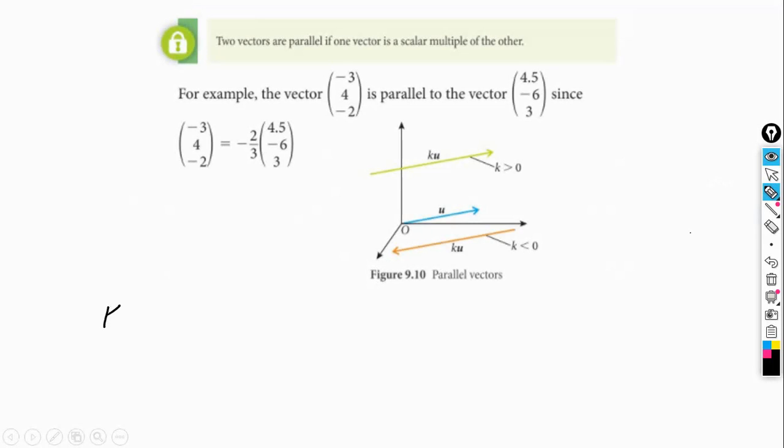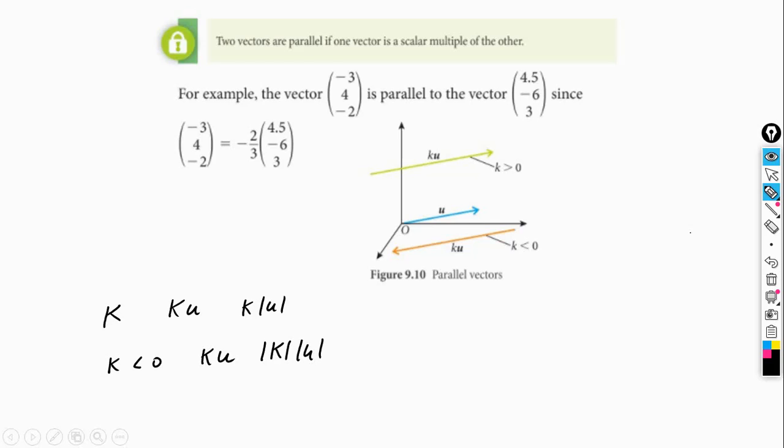If k is a real positive number, then k times u is a vector of magnitude k times the modulus of u, and in the same direction as u. It follows that when k is negative, k times u has a magnitude of the absolute value of k times the magnitude of u, and is opposite in direction to u.